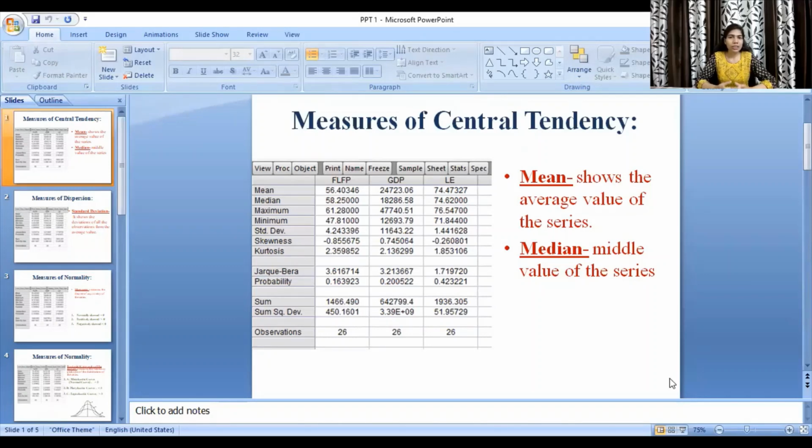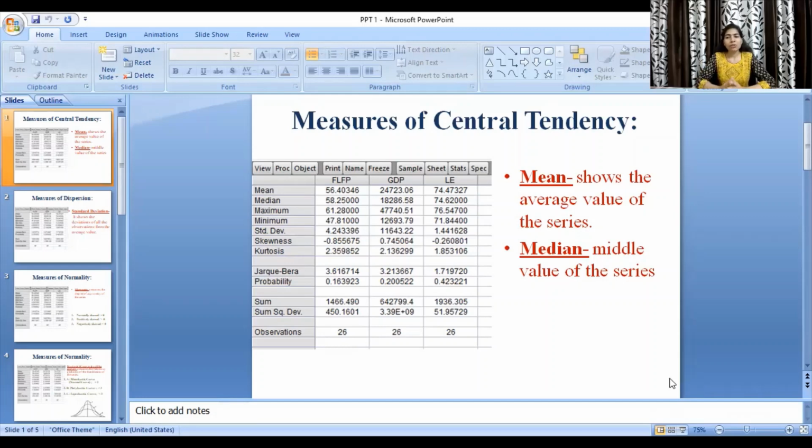Descriptive statistics in EViews provides us with the value of mean and median. As you can see, the value of mean and median for FLFP, GDP and LE is obtained. So FLFP is the dependent variable, female labor force participation, GDP and life expectancy are the independent variables.